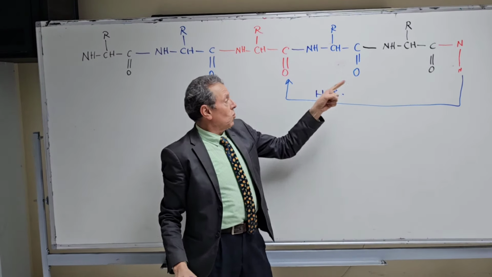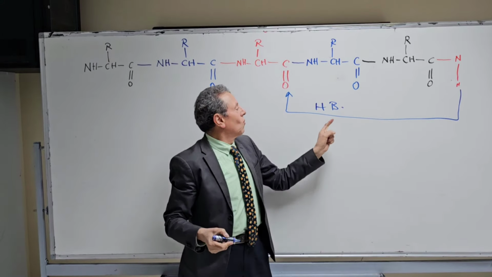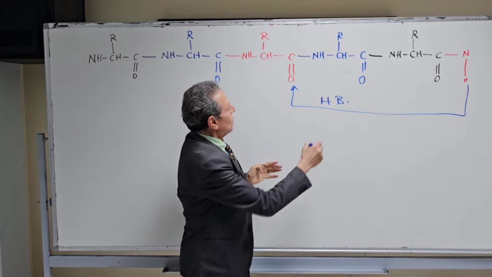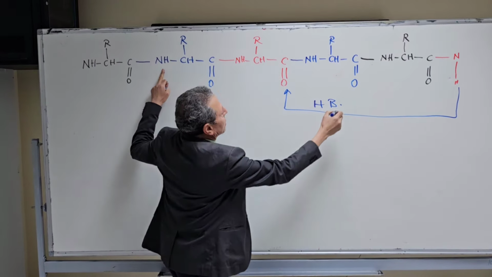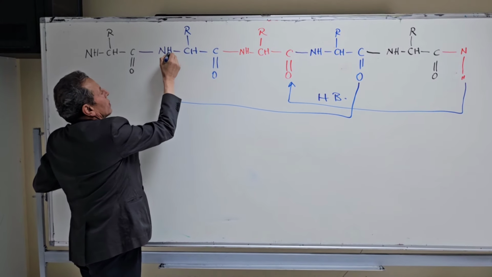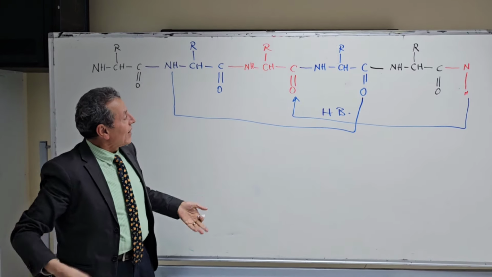Why? Because the hydrogen connected with oxygen by a bond is called hydrogen bonding, right? In this case, this oxygen can also be connected with the hydrogen here. For example, here you have hydrogen. It can connect with this hydrogen through a bond called hydrogen bonding, etc.